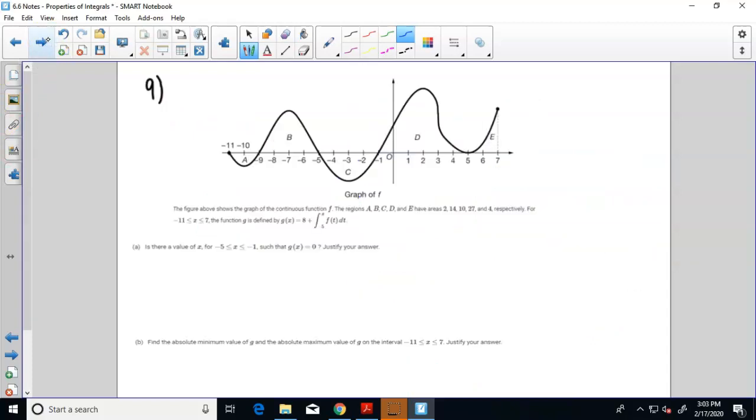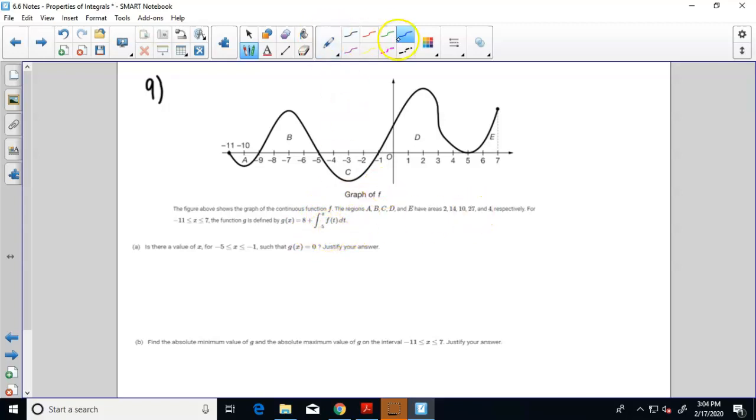That's true. Alright, so this last one, I know it's teeny tiny, especially on your page, so I will label this for you. It says the figure above shows the graph of the continuous function f. The regions A, B, C, D, and E have areas of 2, 14, 10, 27, and 4 respectively. g of x equals 8 plus the integral from negative 5 to x of f of t dt.